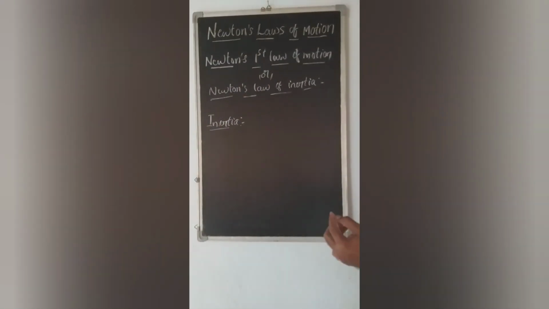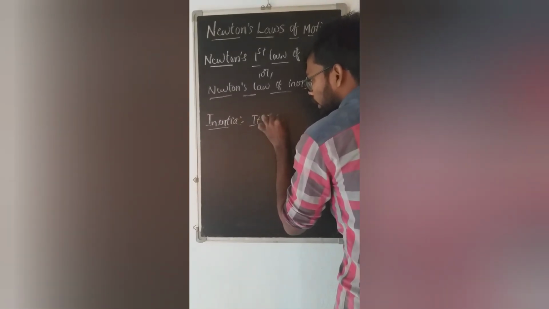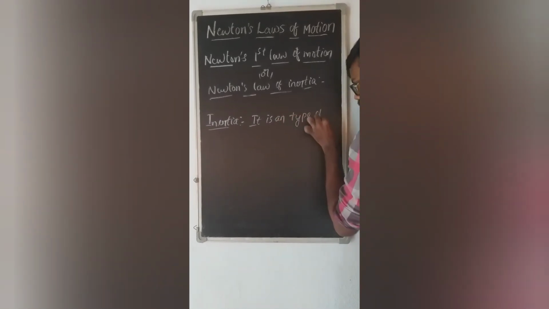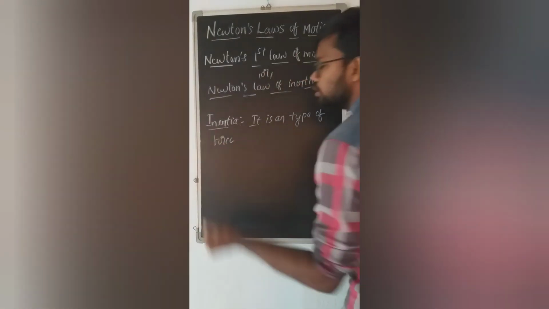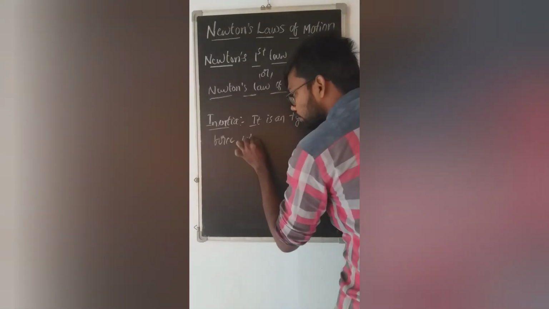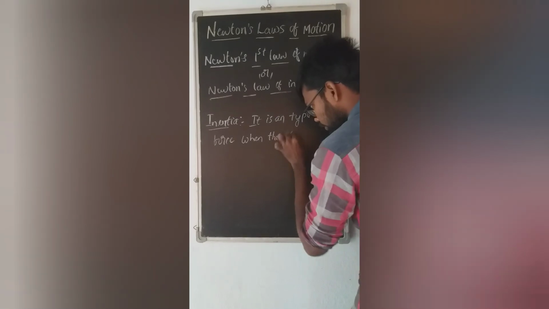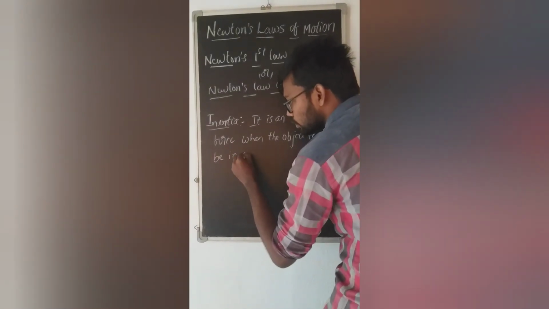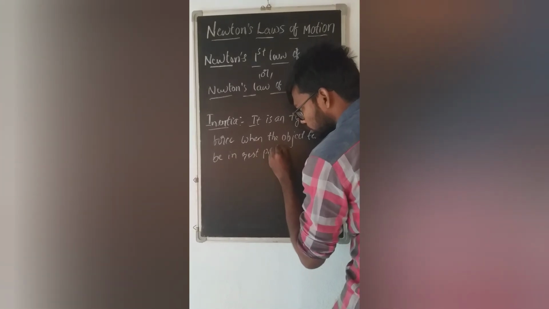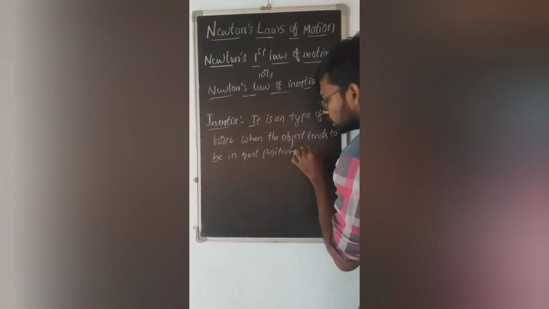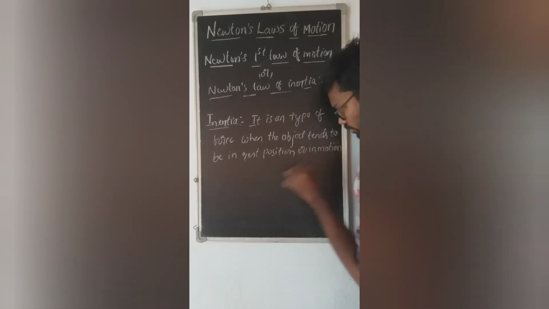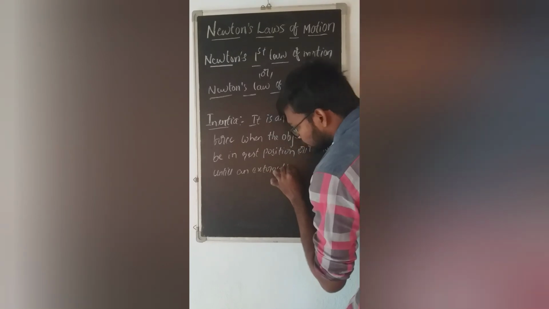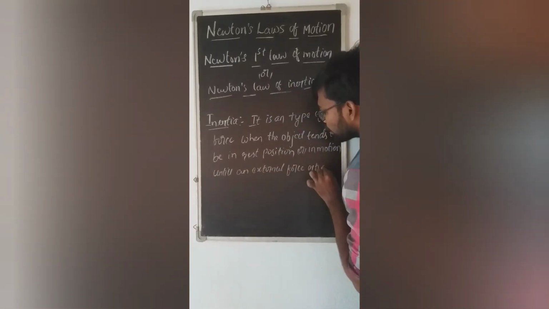He explained inertia in this way. It is a type of force when the object tends to be at rest position or in motion until an external force acts on it.